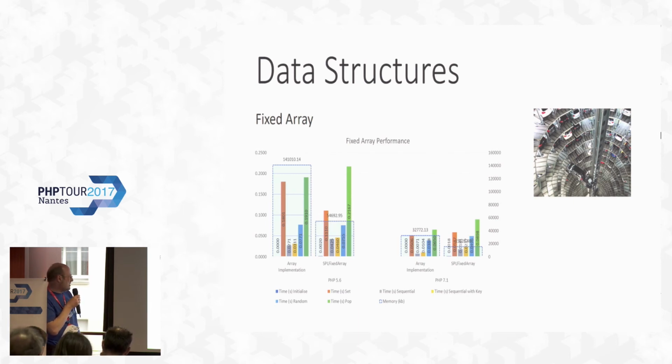You still get the memory saving, but your time savings have gone out the window completely. PHP7 is so much faster when working with its own standard arrays that while you've got the memory benefit, you've no longer got the timing benefits that a fixed array gave you. So that's a judgment call as to whether it's better or worse.